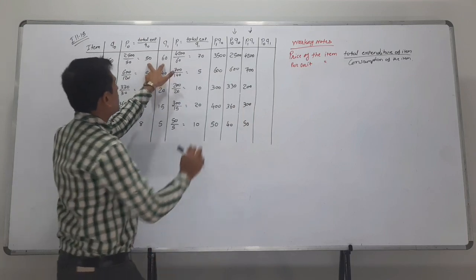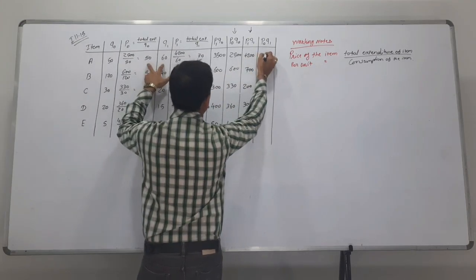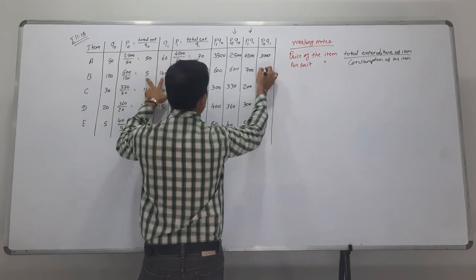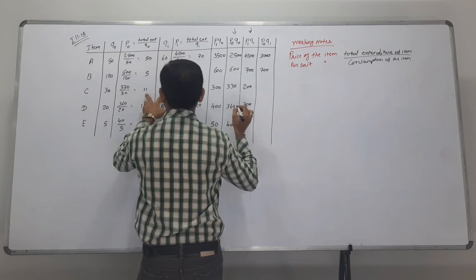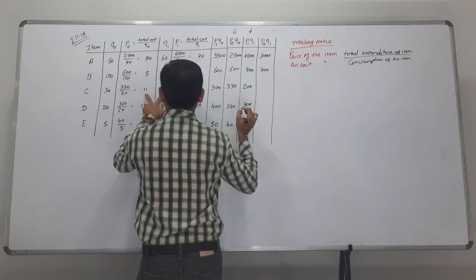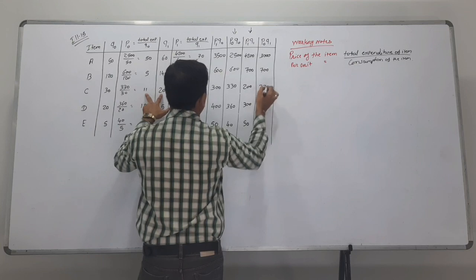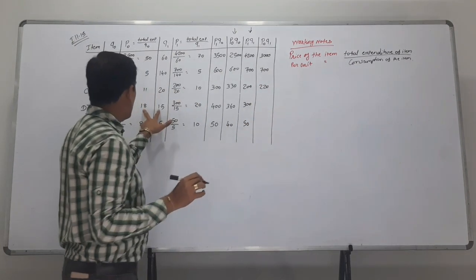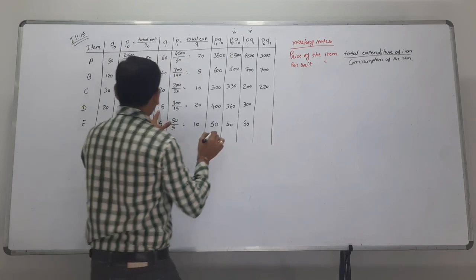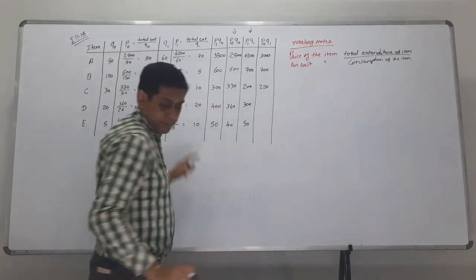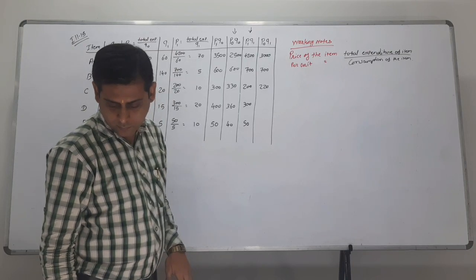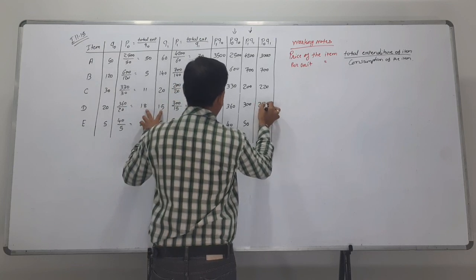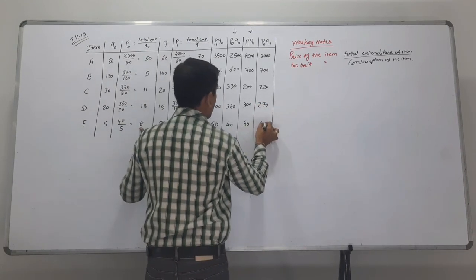So here 50 into 60 is 3000, 140 into 5 is 700, 11 into 20 is 220, 15 into 18 is 270, and 8 5s are 40.